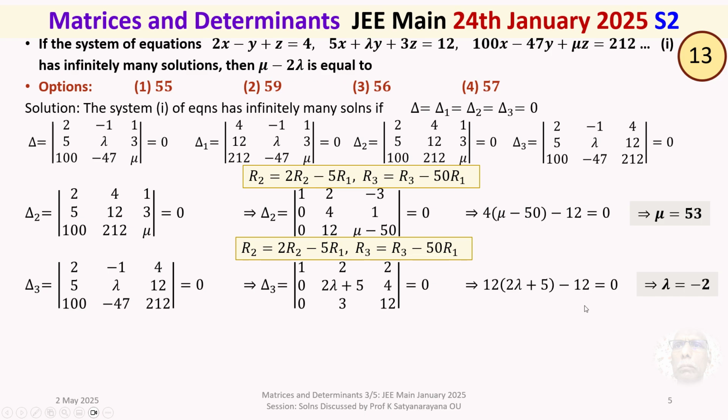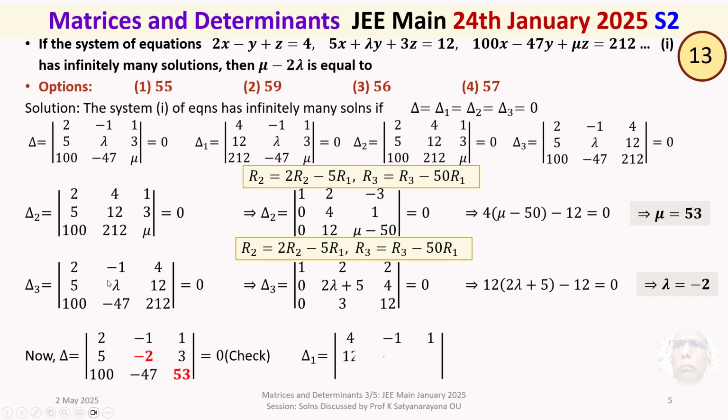But you see, now take delta, and wherever there is lambda you write minus 2, wherever there is mu you write 53, and evaluate for yourself, for your convincement. This is 0, you can check. And take delta 1, substitute the lambda value and mu value here, and expand this, you will find it is 0.